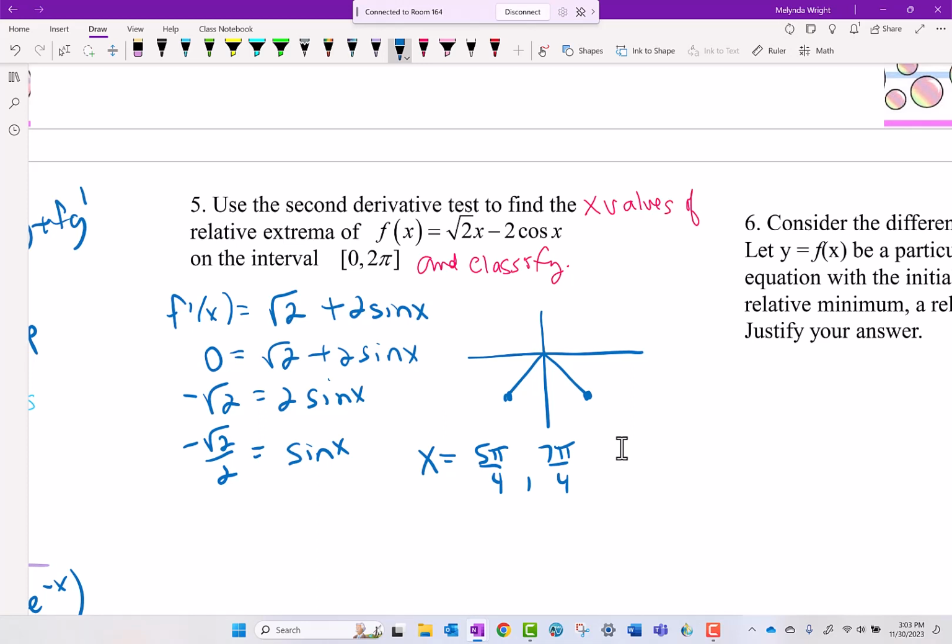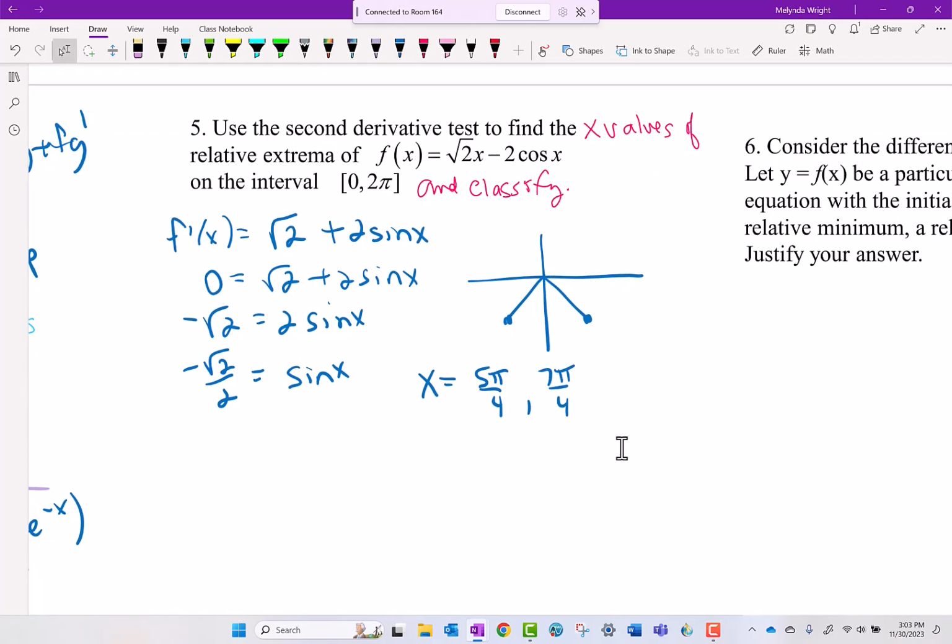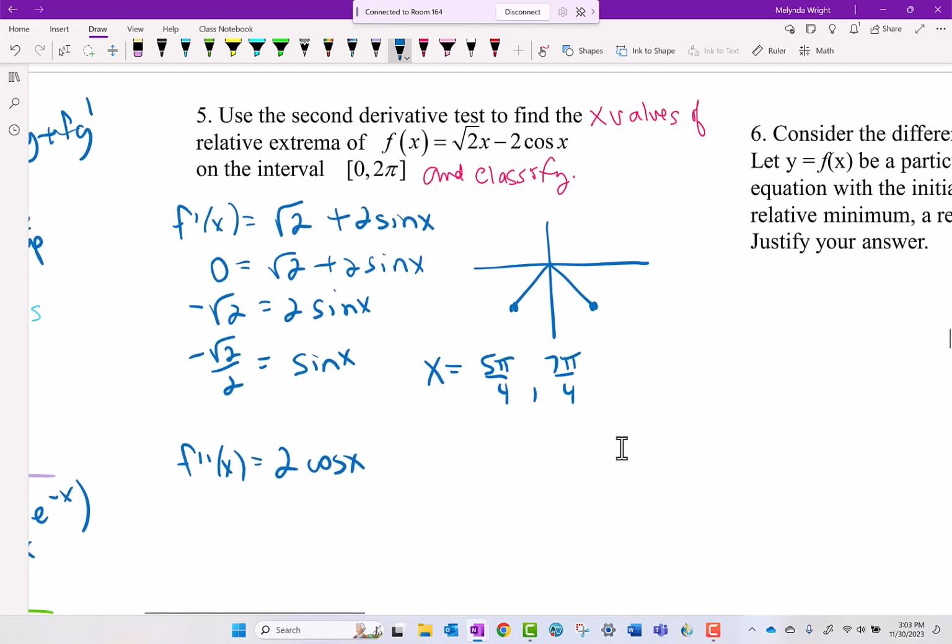So what do we need to do? We need to find f double prime. So f double prime of x, let's see, the derivative of the square root of 2 is 0. The derivative of 2 sine is 2 cosine. Okay, so now let's do our tests.